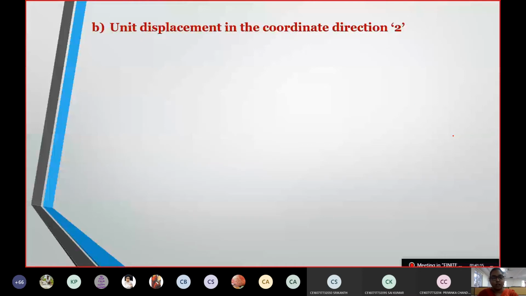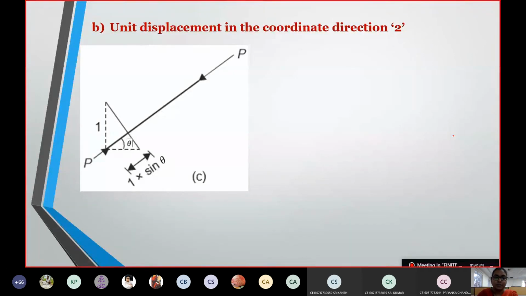Unit displacement in the coordinate direction 2. See, I am giving unit displacement in coordinate direction 2 now. So this is the direction of 2. You have to remember the first figure very clearly, what the directions are.